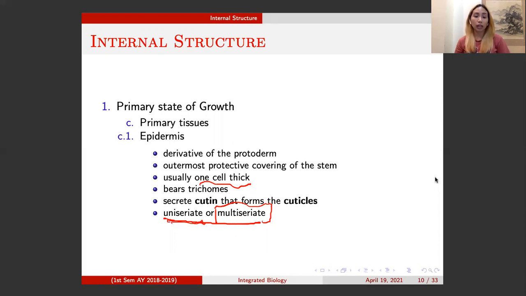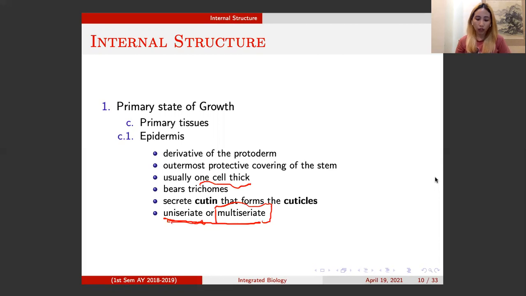Normally epidermis is just one cell thick. The multiseriate epidermis, the one with more than one cell layer, is actually highly species specific.